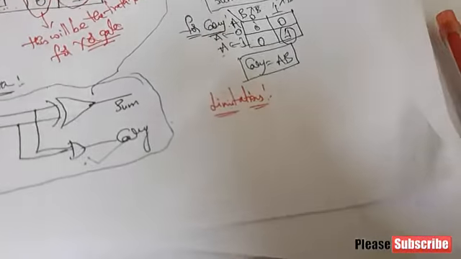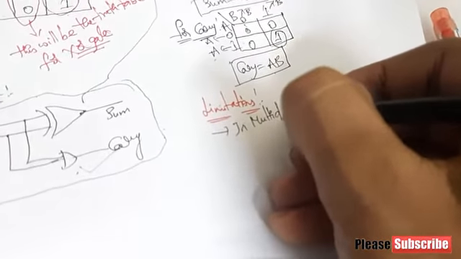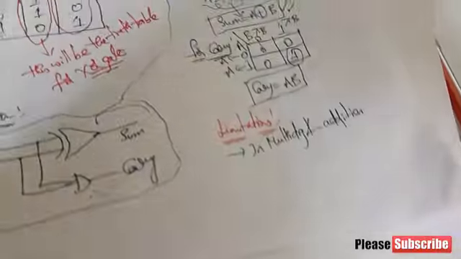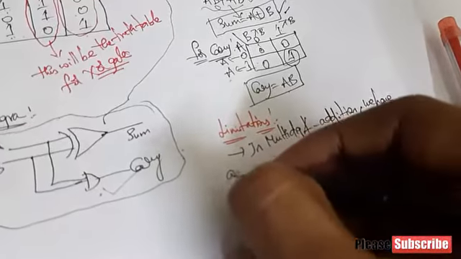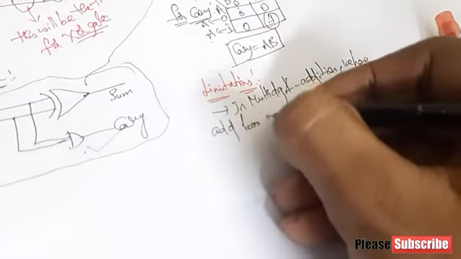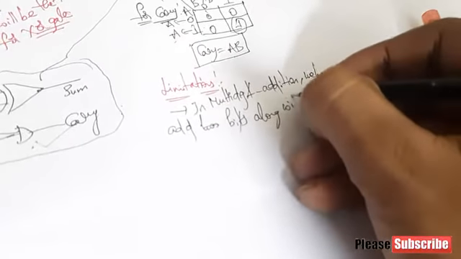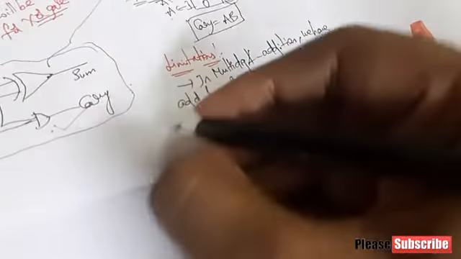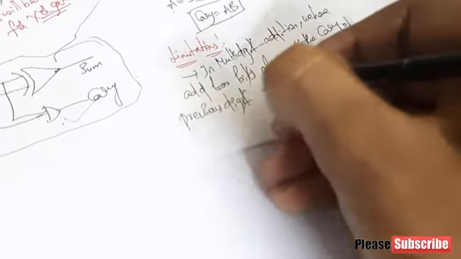Okay, in multi-digit addition, we have to add 2 bits along with the carry of the previous digit addition.